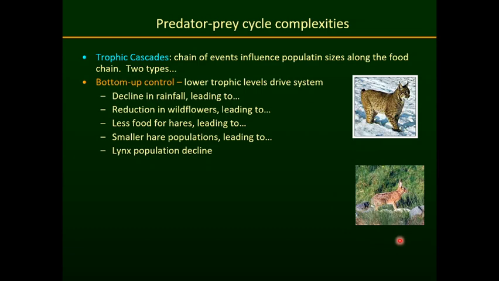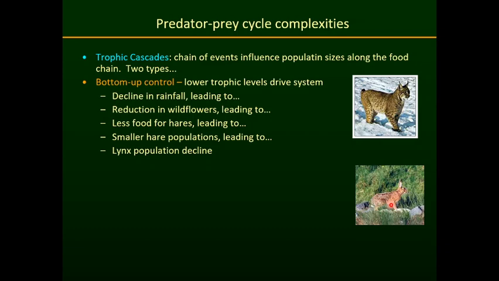Let's say that in the ecosystem there's a decline in rainfall, and that leads to a reduction in grasses and wildflowers. So if there's fewer grasses and wildflowers, that means there's less food for the rabbits, also known as hares. So the hares are going to have smaller population sizes.